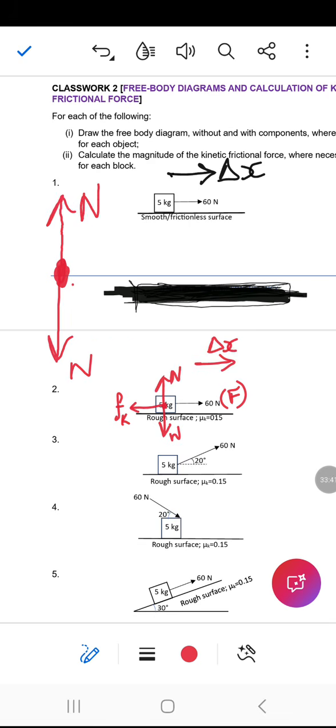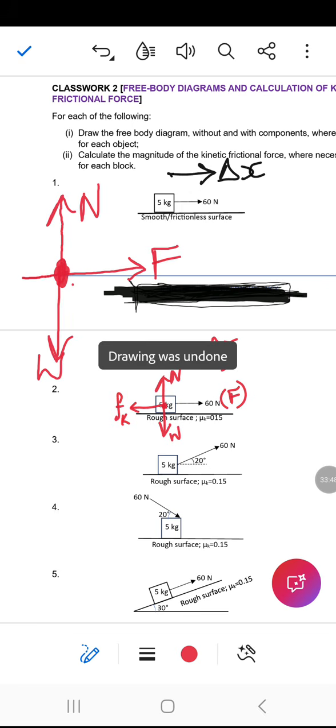Here it's the force applied. Then here I'm having my friction. You can say Fk, it's fine, or small letter f.